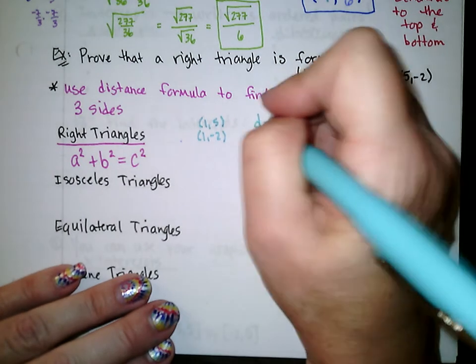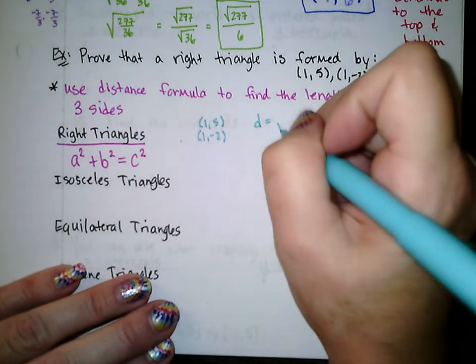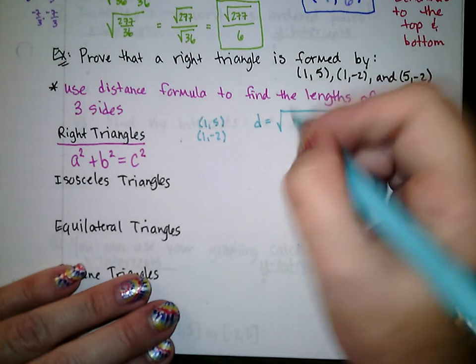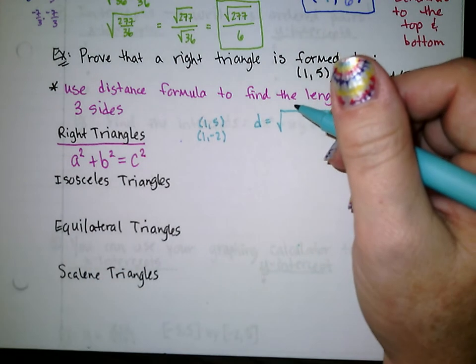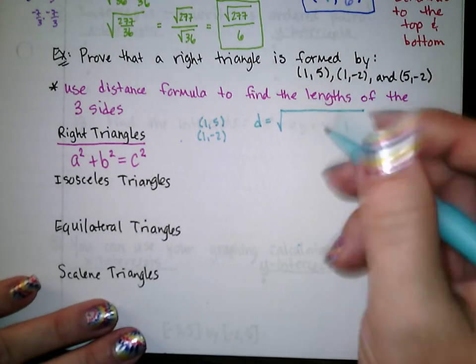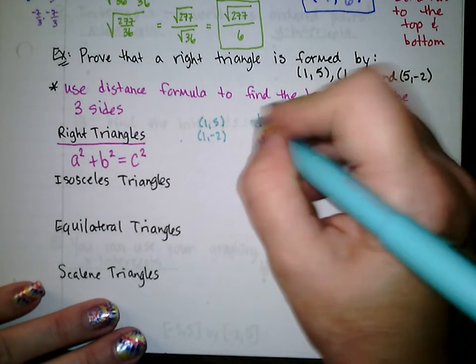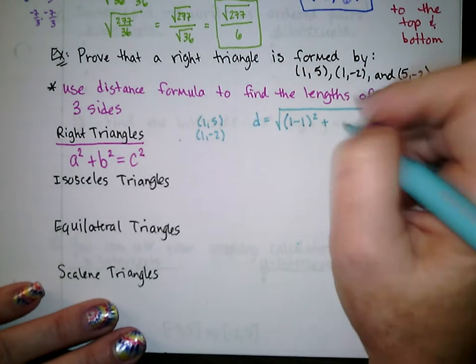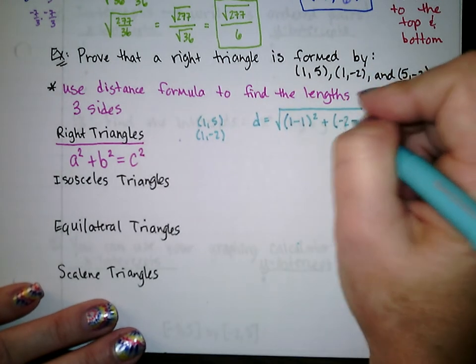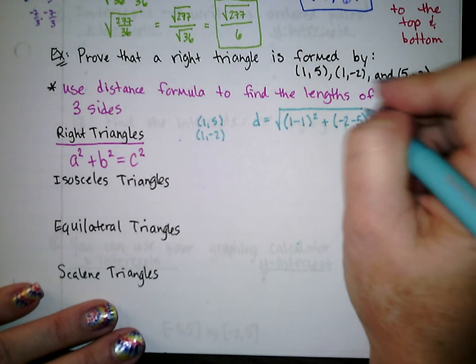For our distance formula, remember, we have square root. We're going to subtract the x's and square that in one parenthesis, subtract the y's and square that in the other, add those together. So we're going to have 1 minus 1 squared plus 5 minus -2, or -2 minus 5, whichever way you prefer to subtract.